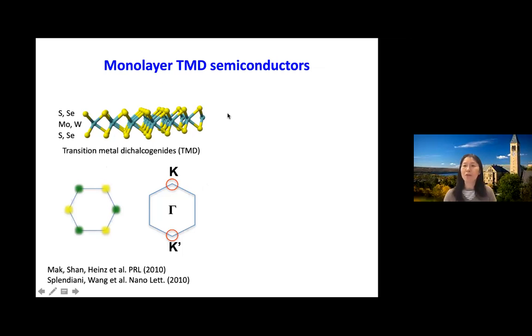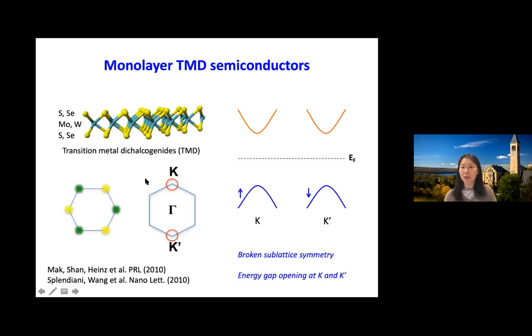This is very similar to graphene, but the main difference here is, although it also forms a honeycomb lattice, now the A and B sublattice symmetry is broken. And it's a semiconductor. In the limit of a monolayer, we have a direct band gap at the Brillouin zone boundaries, K and K prime points.